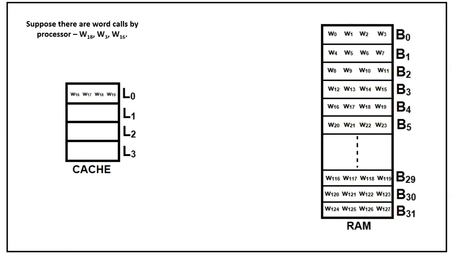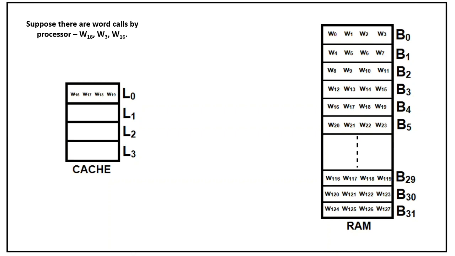Now see carefully. Here the lines L1, L2 and L3, these 3 lines are empty. So when after W18, W3 is required by the processor, block B0 could come inside L1 or L2 or L3 because they are empty.